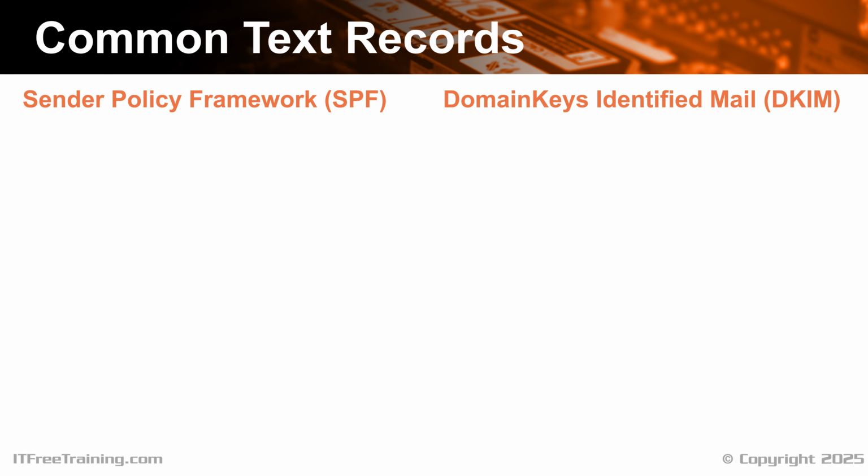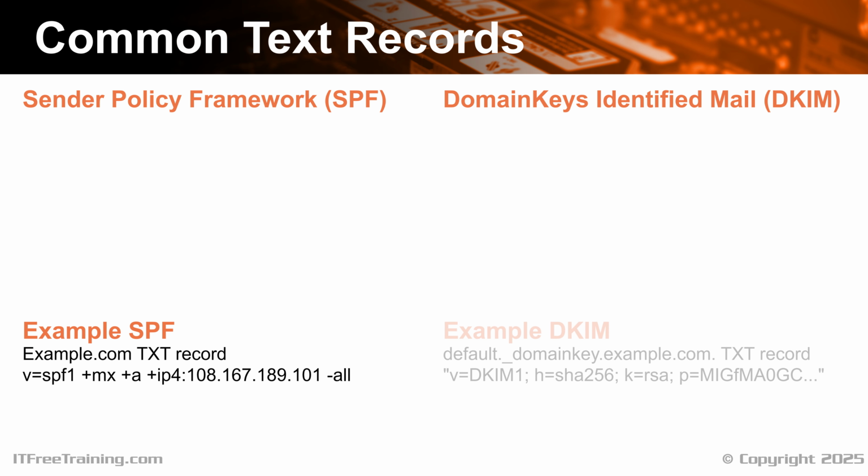I will next look at the Sender Policy Framework, or SPF, and Domain Keys Identified Mail, or DKIM, records. Both of these records are text records that are added to the domain. Shown here is an example of an SPF record and an example of a DKIM record.